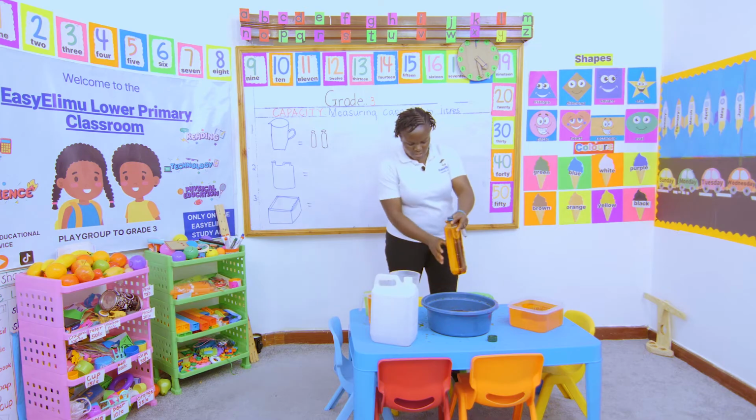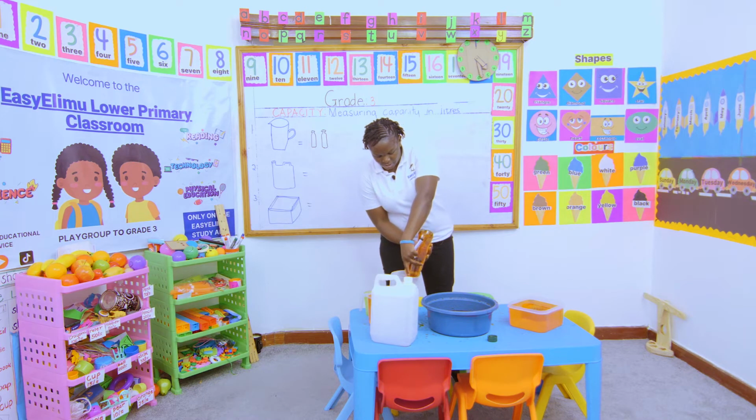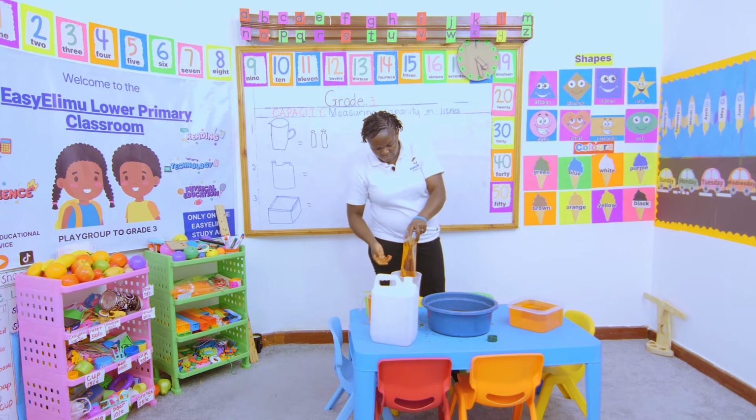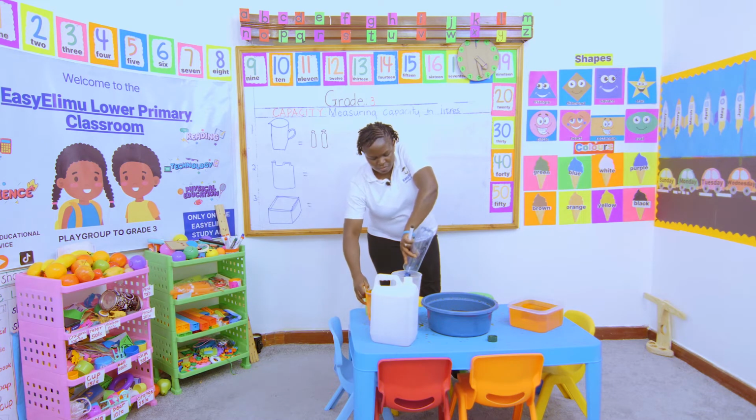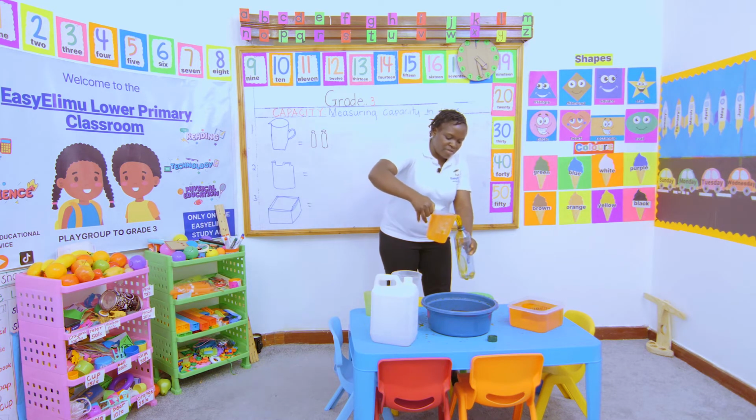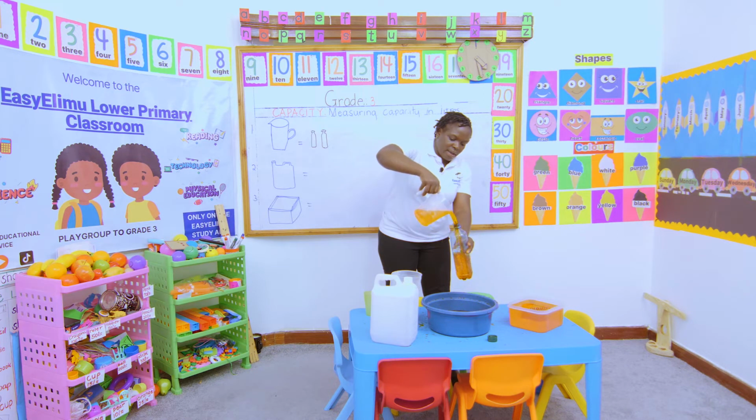So we have 1 liter bottle, then we have another 1 liter bottle.